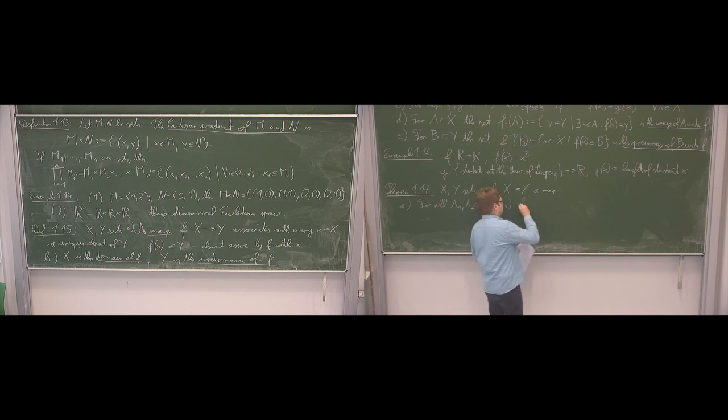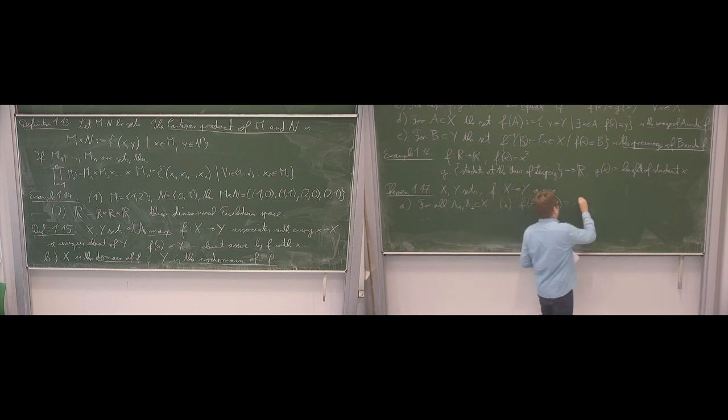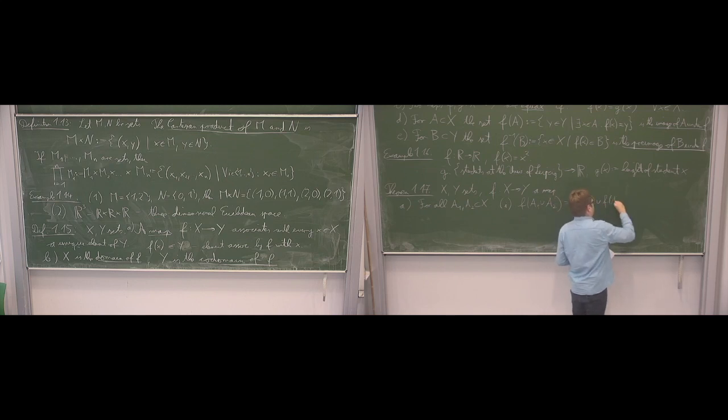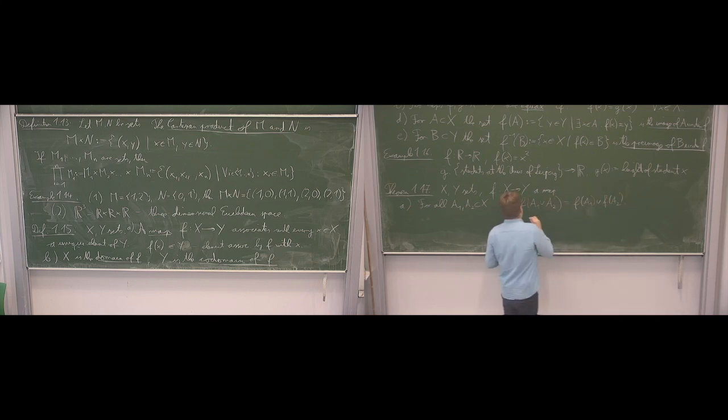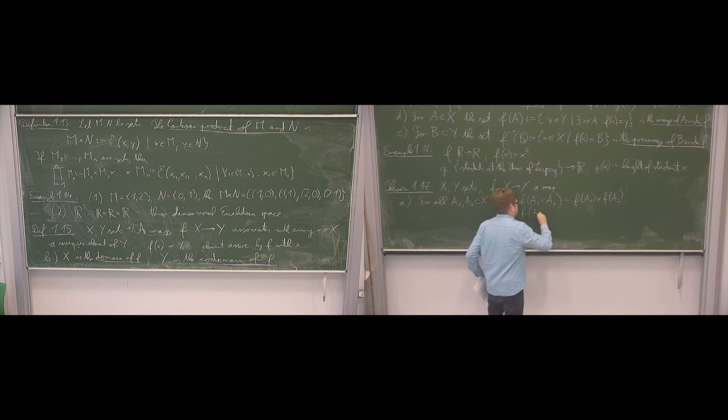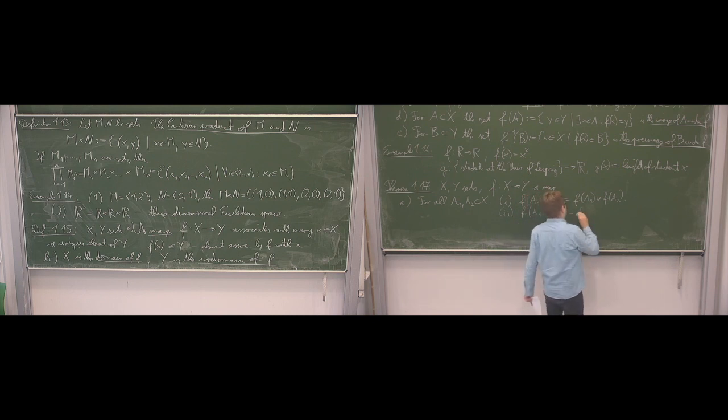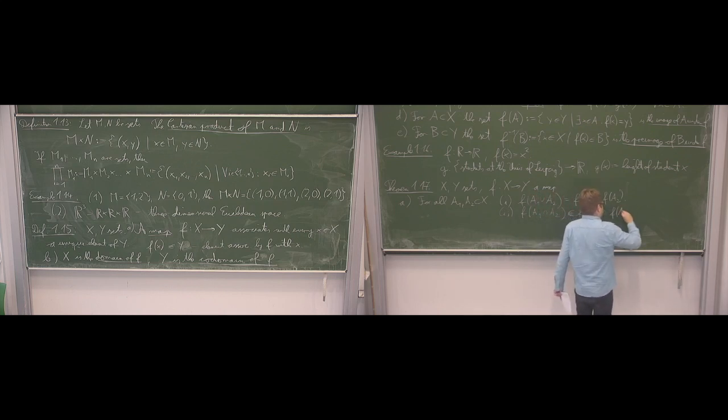The image of the union of subsets is the union of the images: f of A1 union f of A2. Part 2: the intersection does not behave as nicely. The image of the intersection is in general not the intersection of the images, but it's a subset of the intersection of the images.